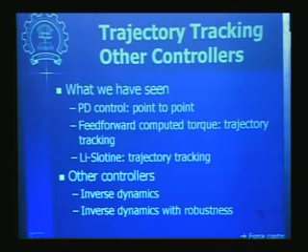Whatever insights we have got from the controllers we have seen so far will help you understand more sophisticated versions of the controller. Other controllers are inverse dynamics control, and inverse dynamics with robustness. These are again some of them, not all.